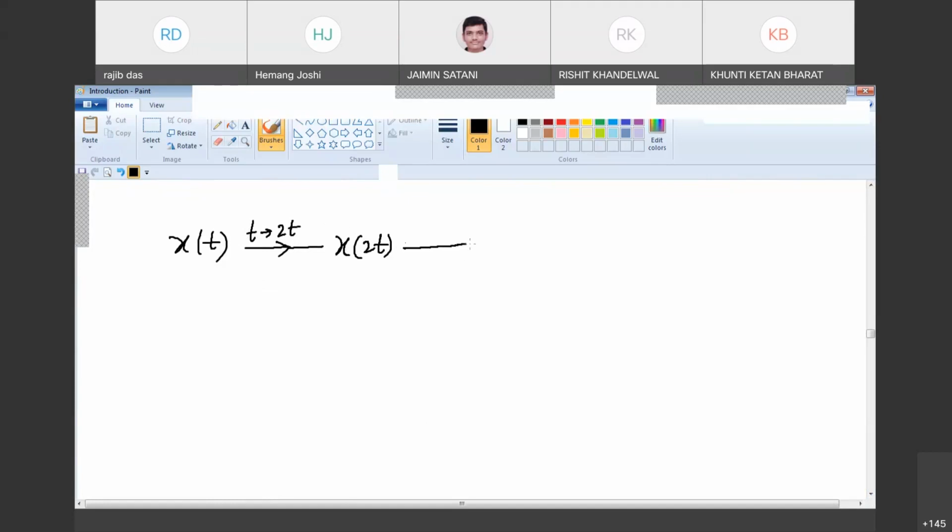And then if t is replaced by t minus 3 by 2, then x of 2t becomes x of 2 times (t minus 3 by 2), which is nothing but x of 2t minus 3. Is it correct?